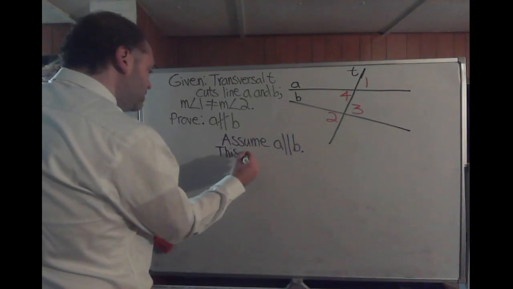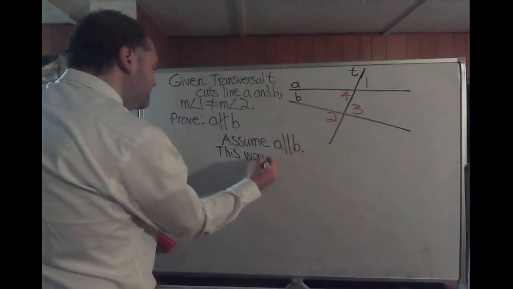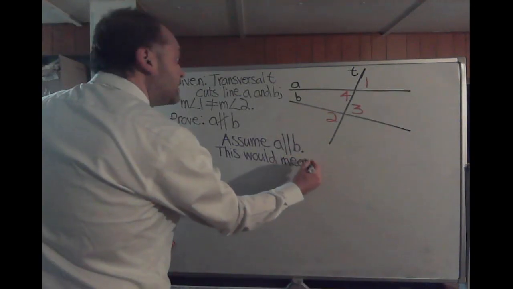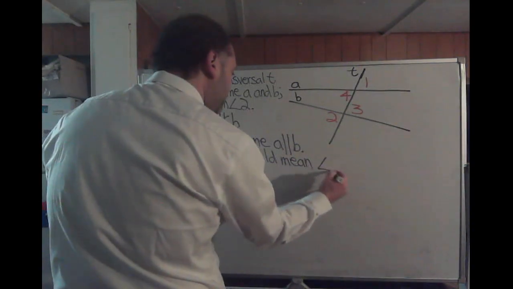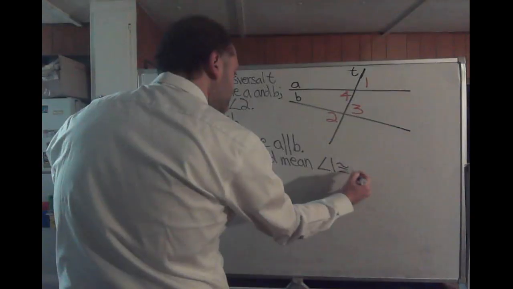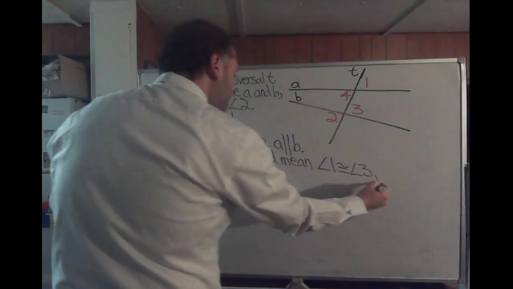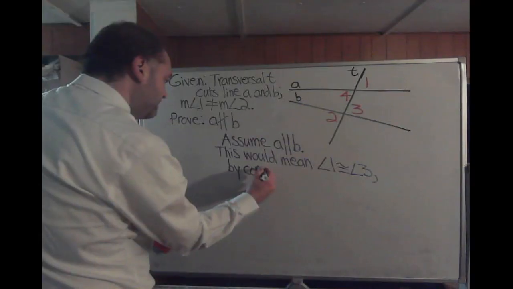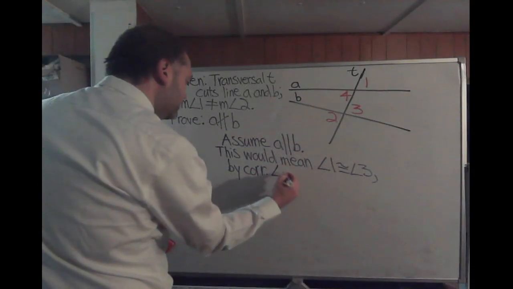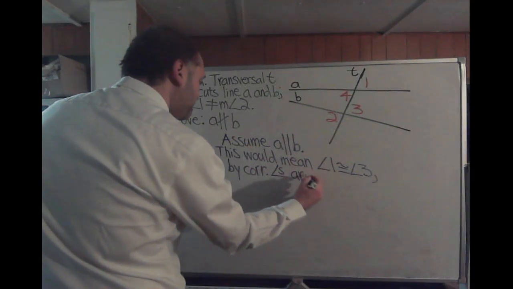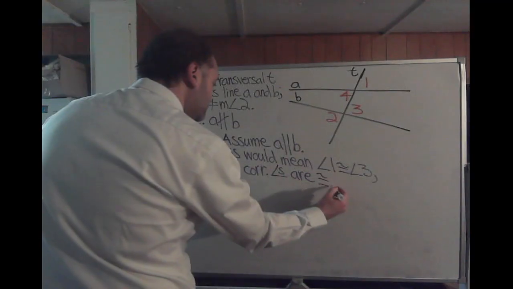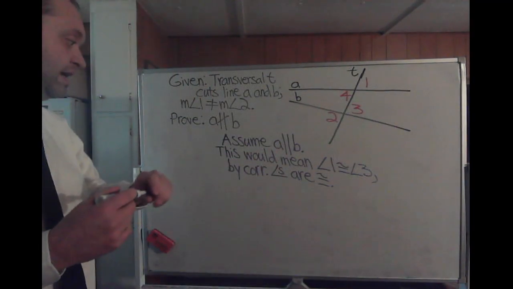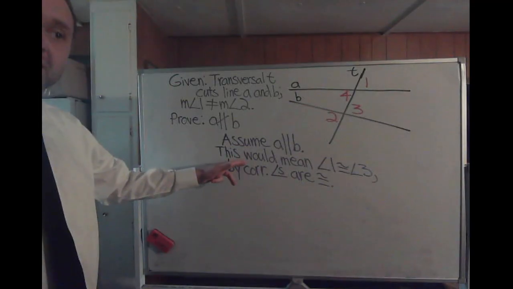This would mean angle 1 is congruent to angle 3 by corresponding angles are congruent. So we started by assuming that A is parallel to B. Assume the opposite. Well, then we say, what does that really mean?